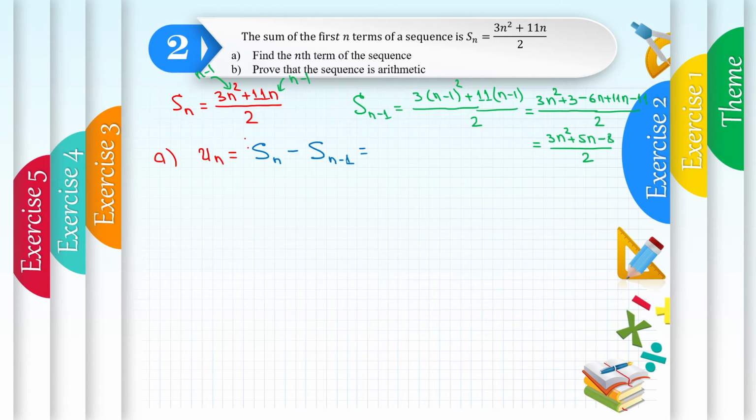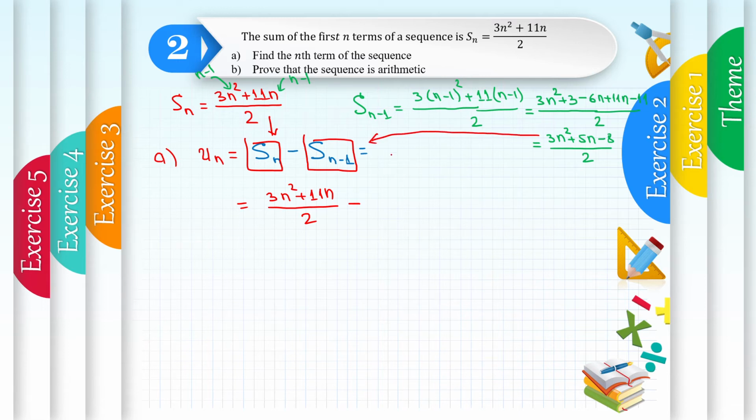So let's go back to our expression for finding u sub n. Replacing S sub n with its formula, we obtain (3n squared plus 11n) over 2 minus, replacing S sub n minus 1 with its formula, (3n squared plus 5n minus 8) over 2.